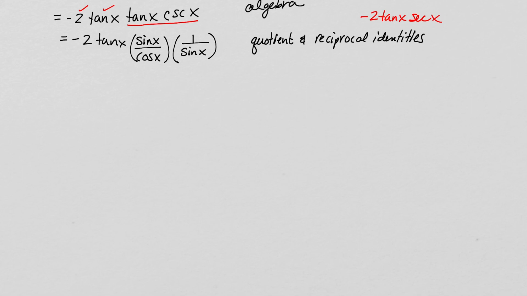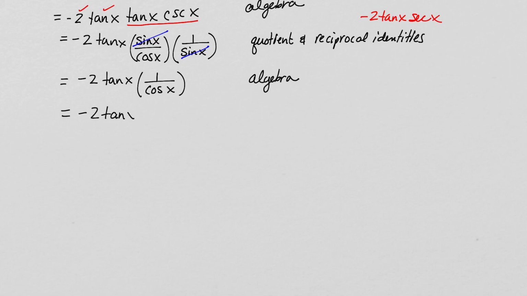And this is nice because the sines would cancel. So we're left with minus 2 tangent x times 1 over cosine x. Again, all we did there was some algebra. And then finally, 1 over cosine x is secant of x. So finally we get to what we were trying to get to: minus 2 tangent x times the secant of x. And that is using, again, a reciprocal identity.